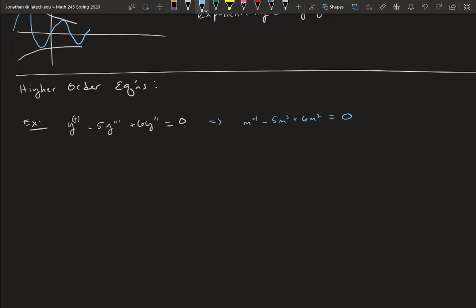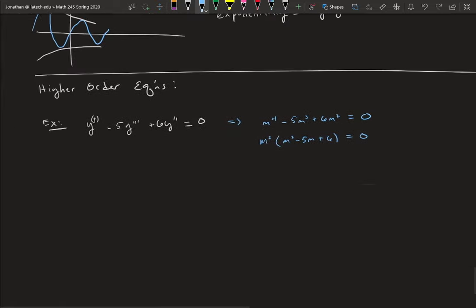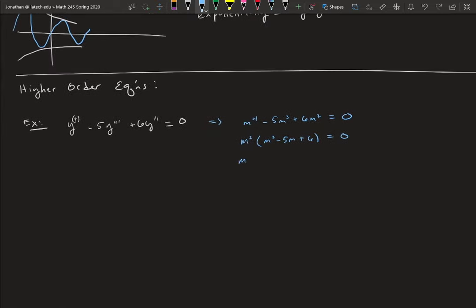Let's see what we can do with this characteristic equation. We can factor out m squared. So that's m squared times (m squared minus 5m plus 6) equals 0. Then we can factor the parentheses, so we get m squared times (m minus 2)(m minus 3) equals 0.